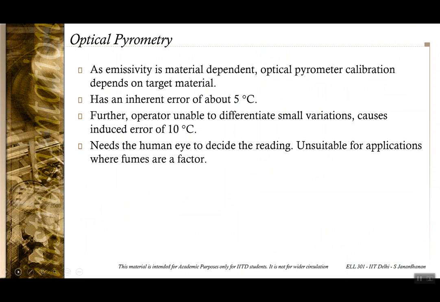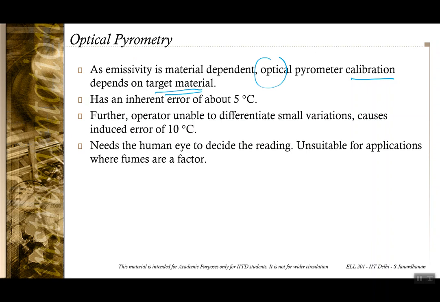Moving further, the disadvantage, or the limitation, of the optical pyrometer is that its calibration is dependent upon the emissivity. Because emissivity is dependent on the material, the calibration of the radiation parameter of the optical pyrometer is dependent upon the target material.